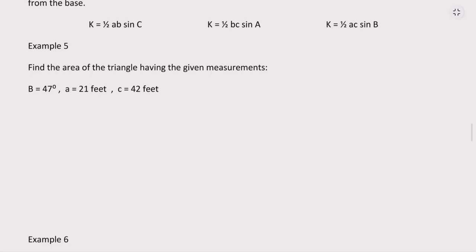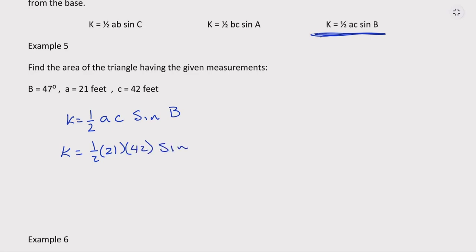All right, so example 5, we want to find the area, and we're given AC and angle B. So we're going to want to use this formula here. So K is equal to 1/2 AC sine of B. So K equals 1/2 21 times 42 sine of 47.